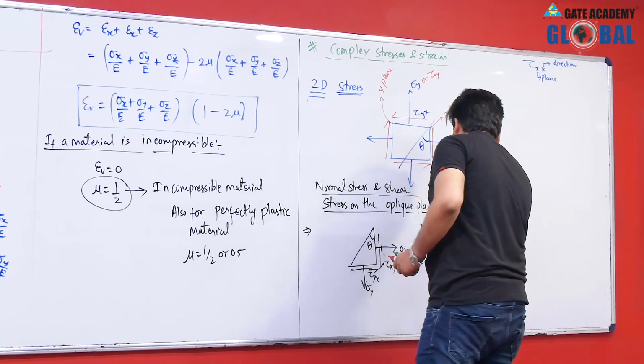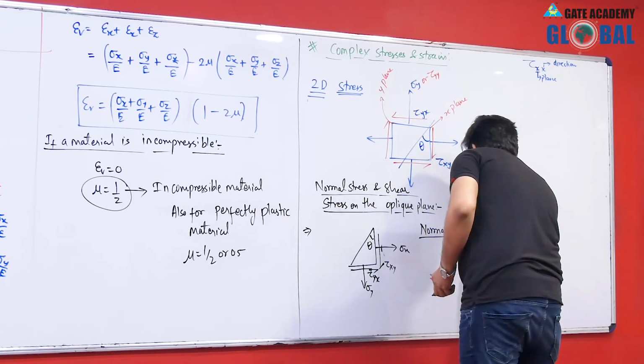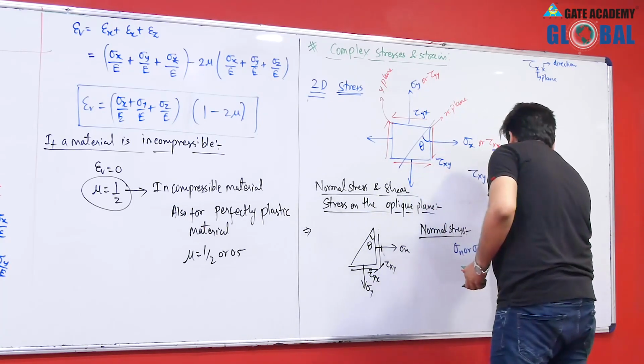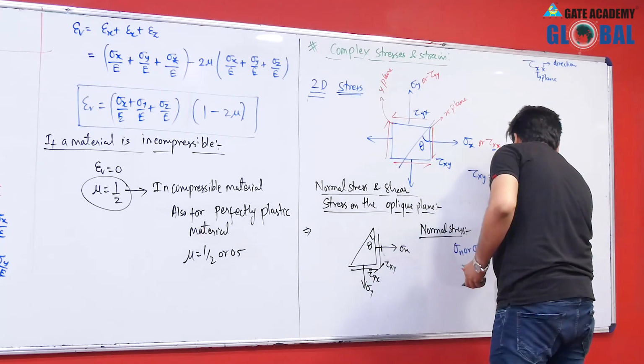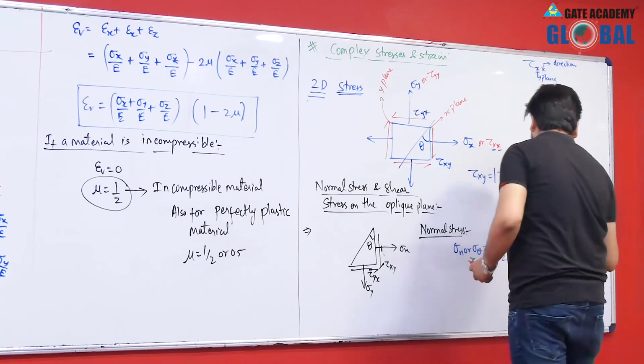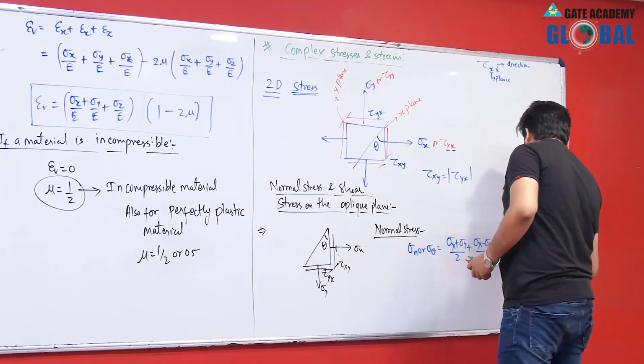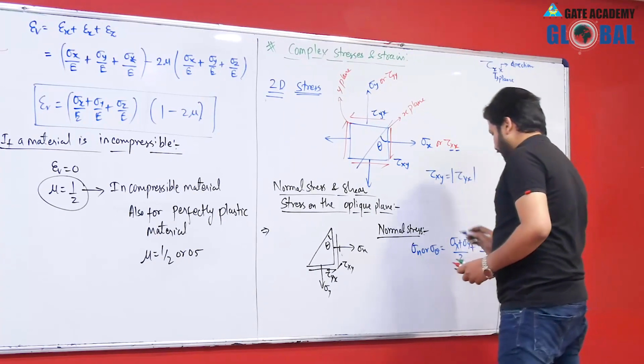Now, so the normal stress is given by this equation, okay. This is sigma n or sigma theta is equal to sigma x plus sigma y by 2 plus sigma x minus sigma y by 2 cos 2 theta plus tau xy sin 2 theta, okay.